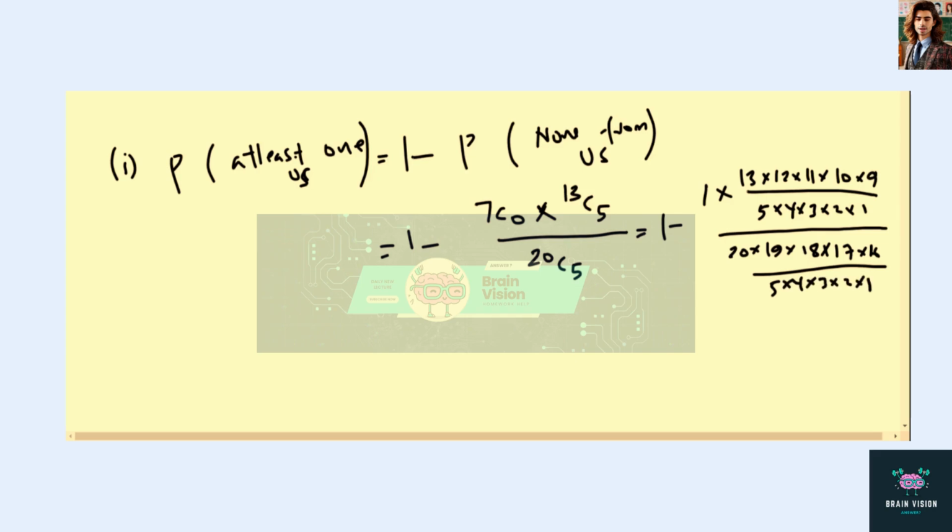Now we just have to simplify this. When we simplify, we get the answer is equal to 0.917. This will be the required probability for the first part of the question.